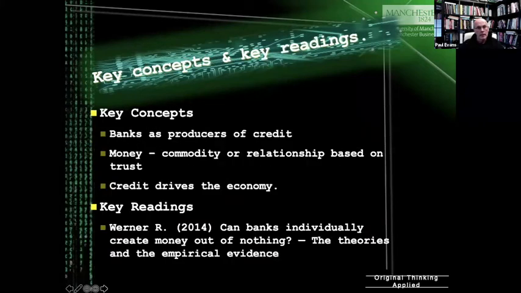So the key concept we wanted to address here was banks as the producers of credit, as opposed to the other two models. That's interesting as well, because that's the oldest theory of banking. So we might want to ask why it was displaced by models of banking that don't appear to correspond to reality.